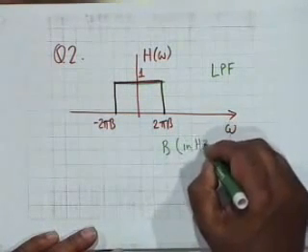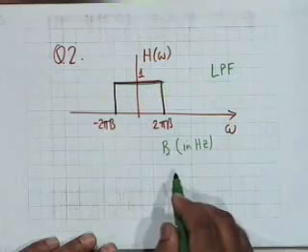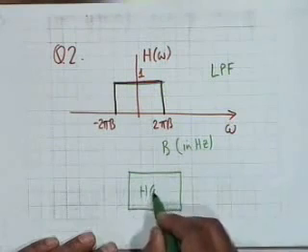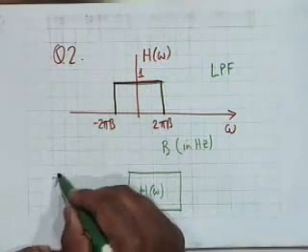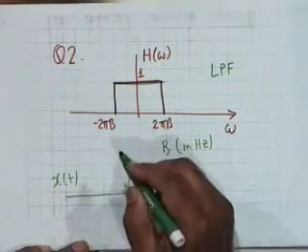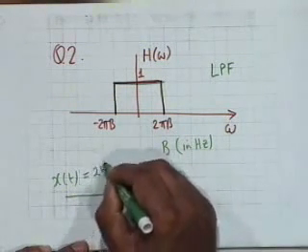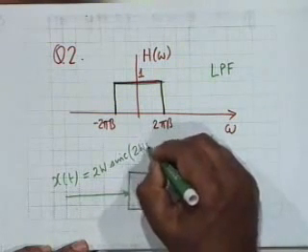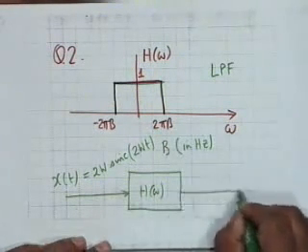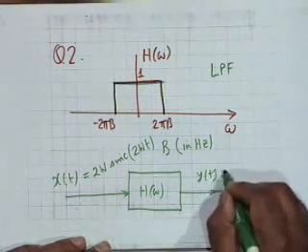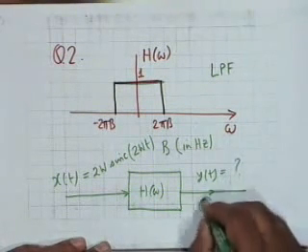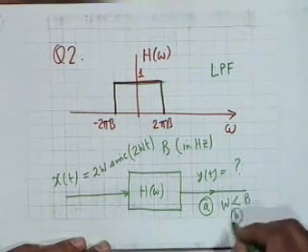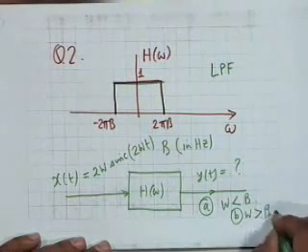To this low pass filter H of omega is applied an input signal x of t, which is given by twice W sinc, once again a sinc function, sinc of 2Wt, and you are required to find the output y of t for two conditions, that is, W less than B and W greater than B.